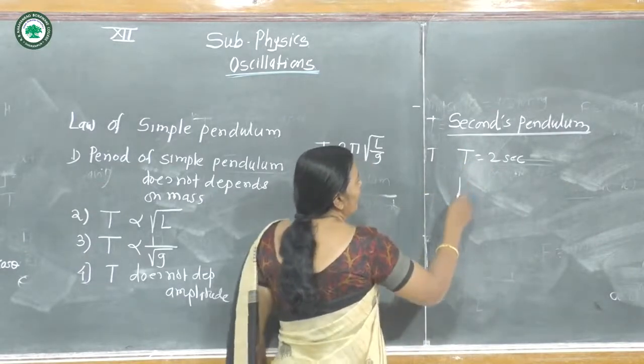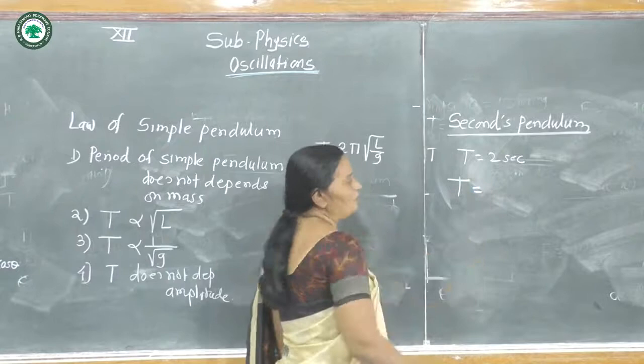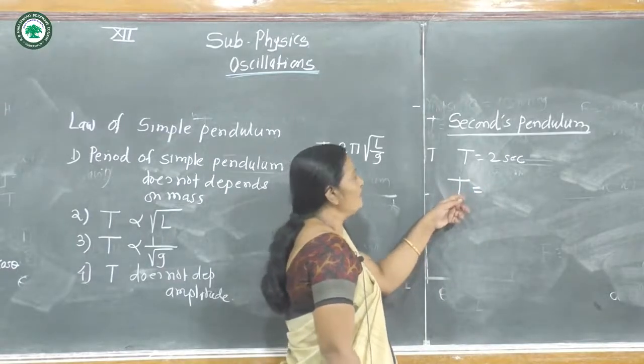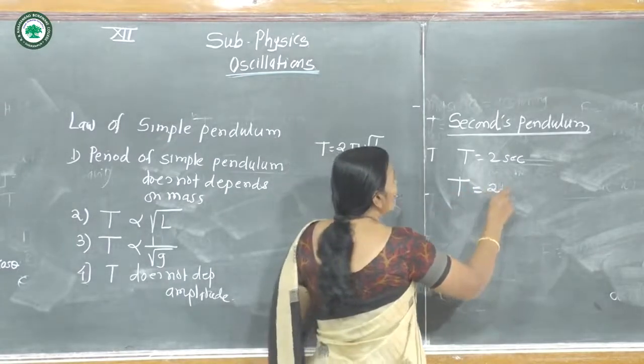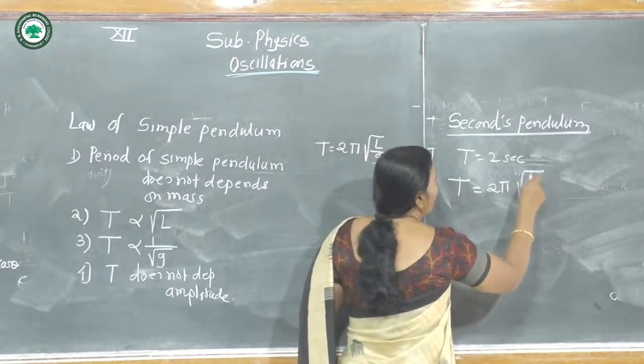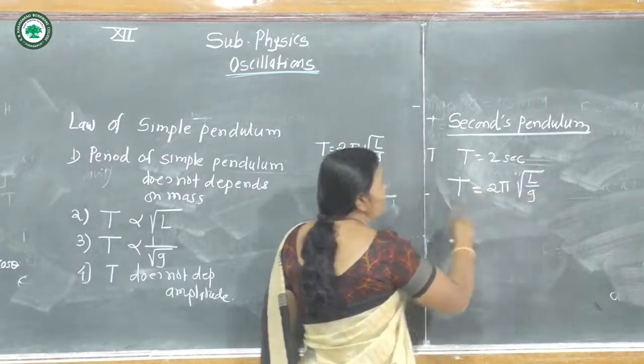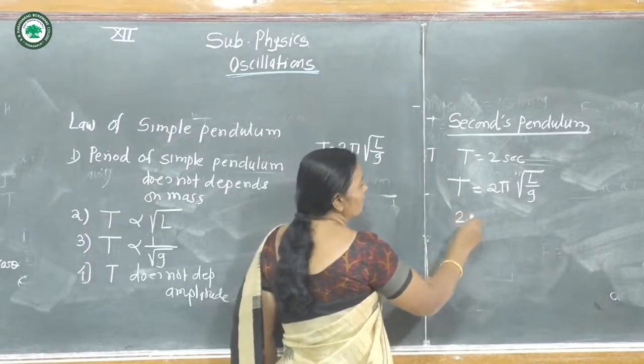Now we have the formula for the period: T is equal to 2 pi under root L upon G. Substitute the period equal to 2 seconds here.